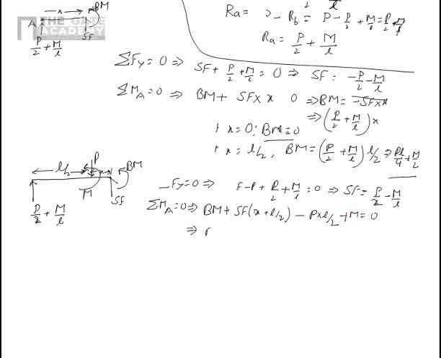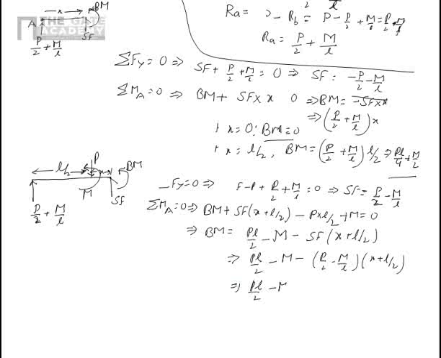So that will mean Bm is equal to PL by 2 minus M minus SF into x plus L by 2, which is nothing but PL by 2 minus M minus SF. Now SF is P by 2 minus M by L. So I just replace these quantities here.